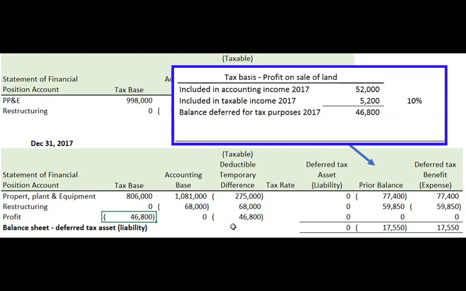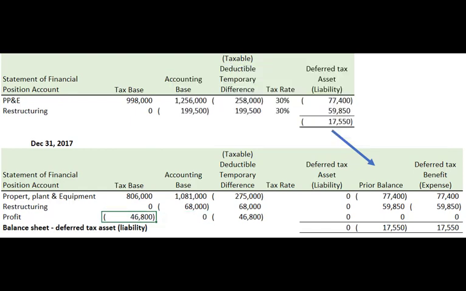And you can see that in this column, taxable temporary difference. So this is the amount that has not yet been taxed. It was all brought into income for accounting purposes, but $46,800 will be brought in over the next 3 years.